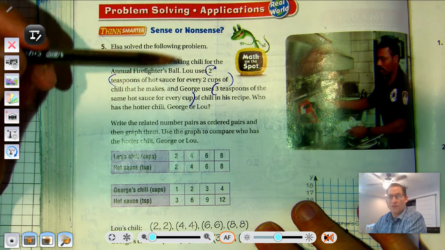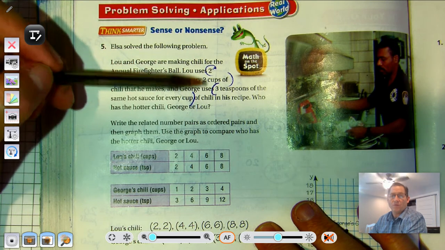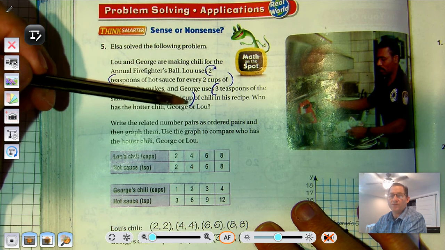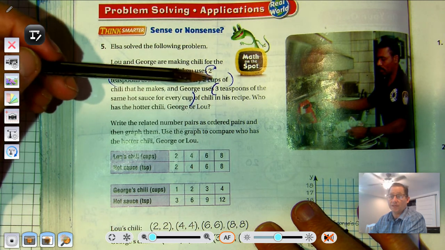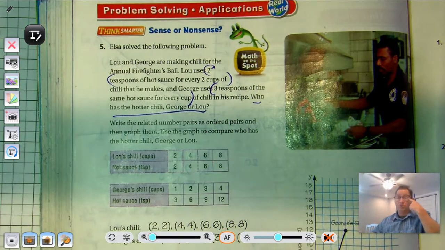So Lou is basically a 1-to-1. For every cup of chili, he's going to add 1 teaspoon of hot sauce. Whereas George is doing 3-to-1. For every 1 cup of chili, he's adding 3 teaspoons of hot sauce. Who has the hotter chili, George or Lou?